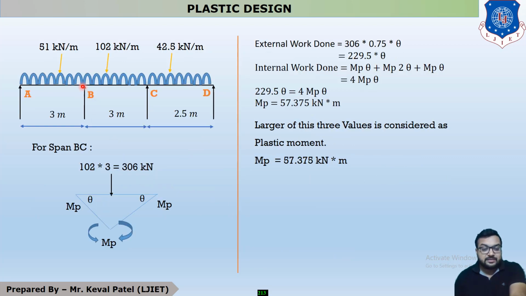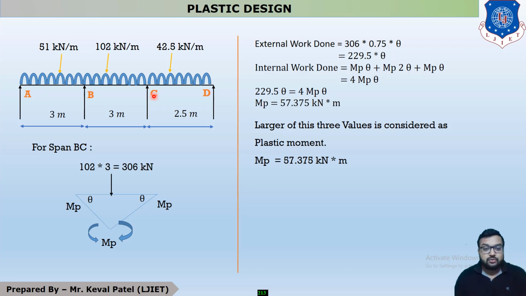Now our last span is span BC. For span BC, your factored load is 102 kilonewton per meter and both supports are fixed. Whenever both supports are fixed, you have to calculate with the help of the kinematic method.